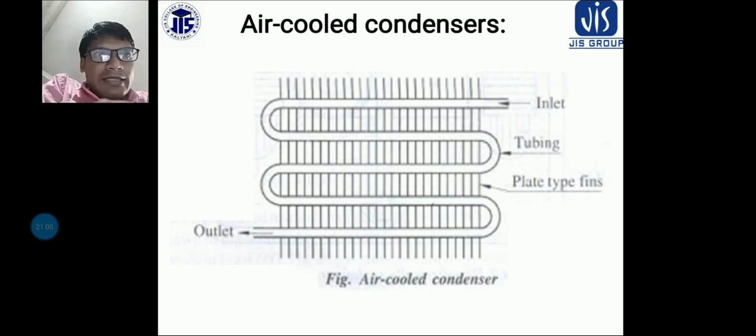And the evaporative condenser is the combination of the two, water cooled and air cooled. So both cooling processes take place in the evaporative condenser, and you can assume that this should be the most effective one.